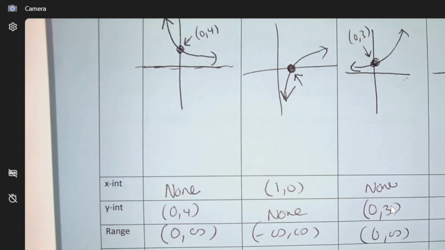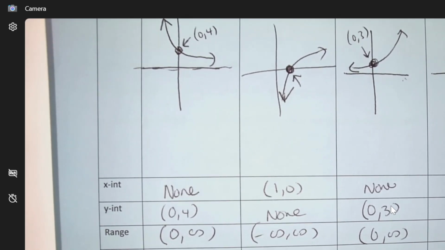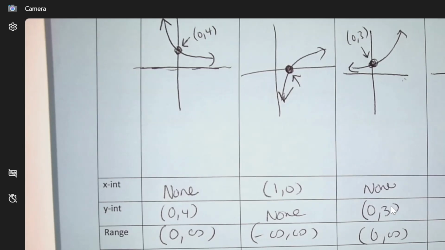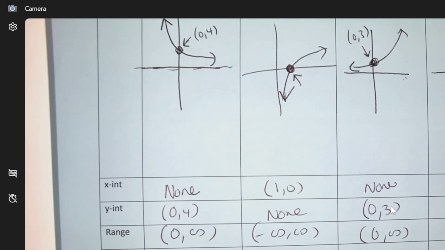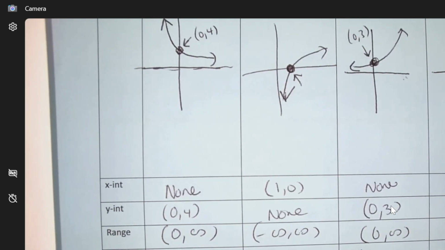Don't have any other options. The multiplier does not change that. Y-intercept, so on the y-axis, never. The range, well, we can go down here and we can go up here. And the left, well, when we move left, we have to stop going left on this.